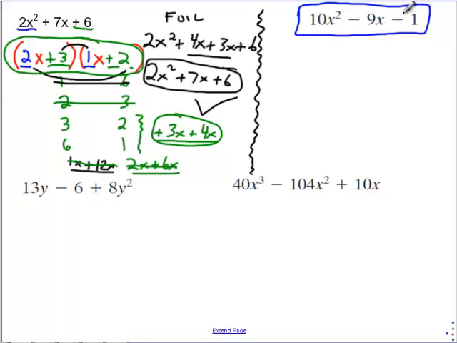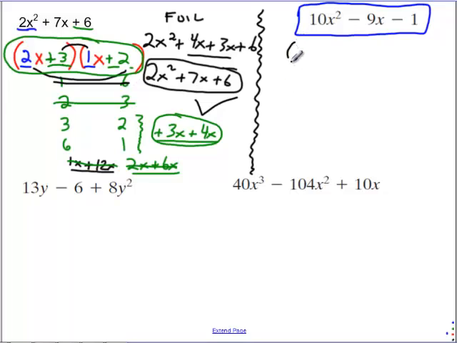The third thing to do would be to factor out a negative 1 if our a term is negative. This is a, this is b, this is c: a is 10, b is negative 9, c is negative 1. If a were negative, we would factor out a negative 1. But there's no negative sign here.